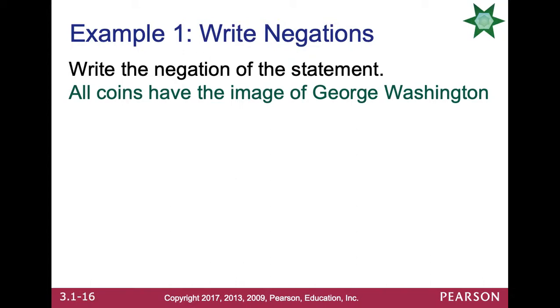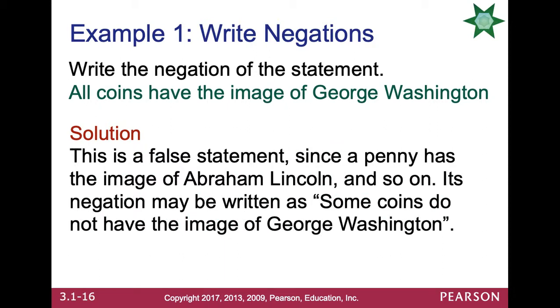So if I have all coins have the image of George Washington on them, then the solution is this is a false statement. Not all coins have the image of George Washington. For example, the nickel has Thomas Jefferson.